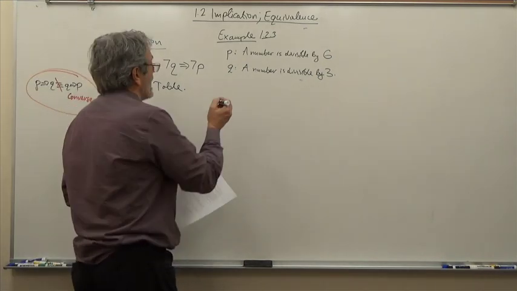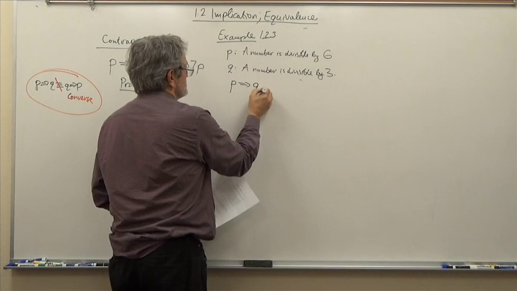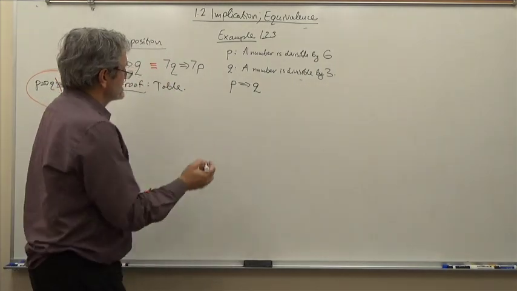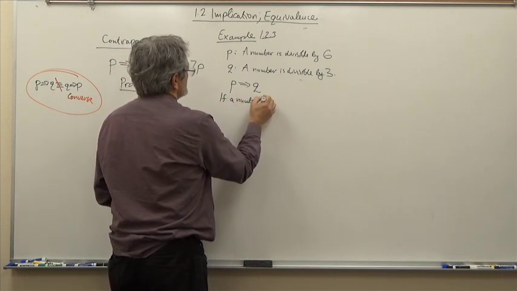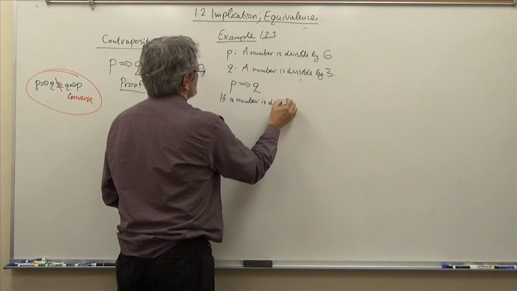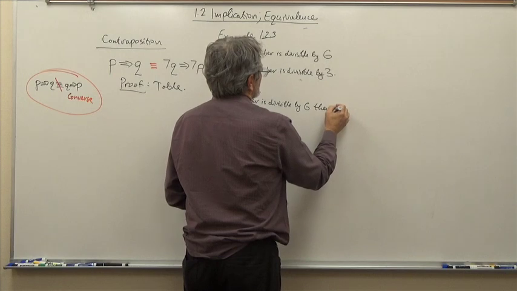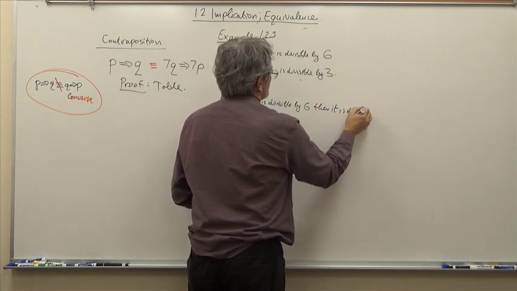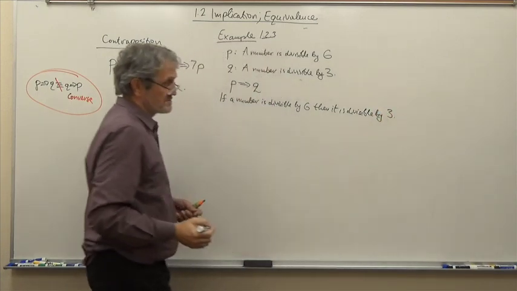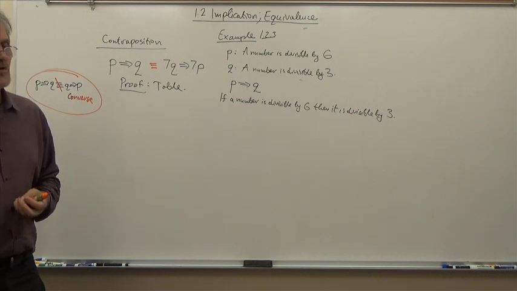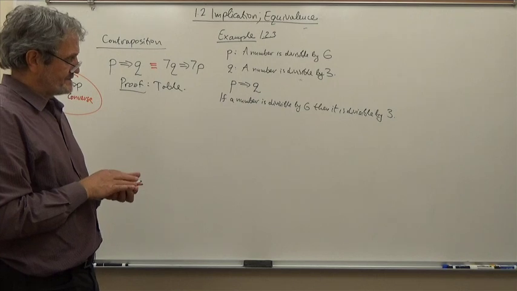So, how would you read the statement that P implies Q? It says, if a number is divisible by 6, then the same number is divisible by 3. This is a correct statement, and we'll talk about divisibility more in a few sections, but right now I assume everybody understands this.